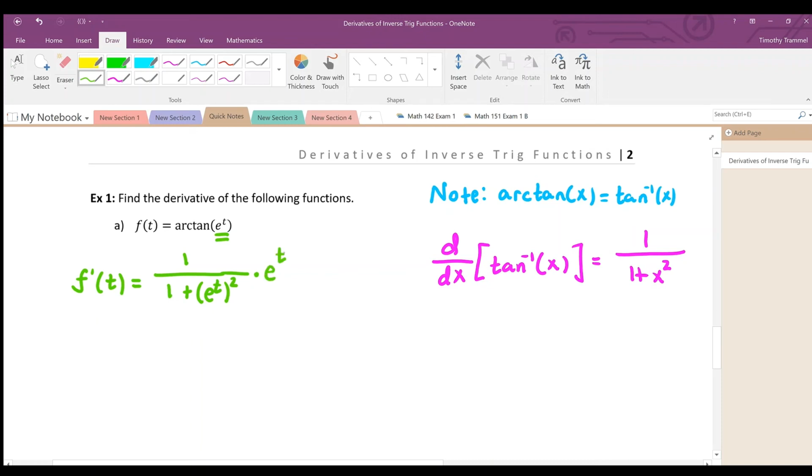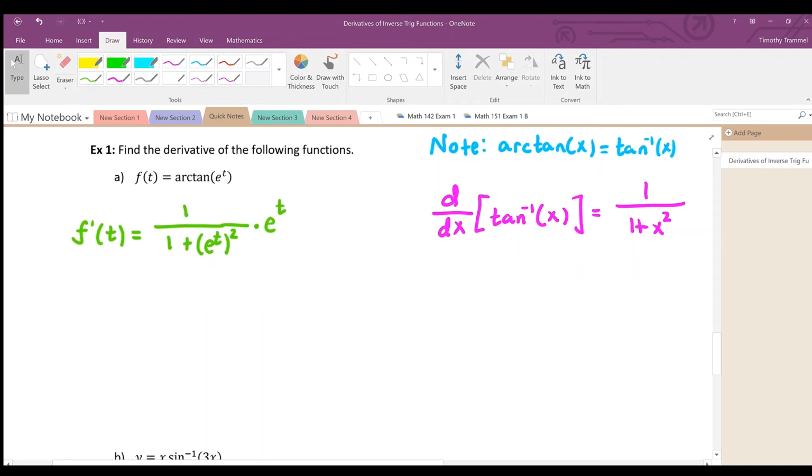The derivative of e to the t is e to the t. All right, and that's pretty much it. We can rewrite it a little bit, though. I could multiply and end up with that e to the t on the top, and down here in the denominator, I could rewrite this as 1 plus e to the 2t.